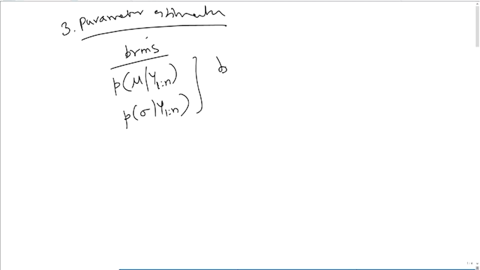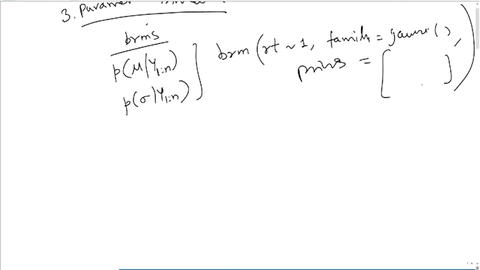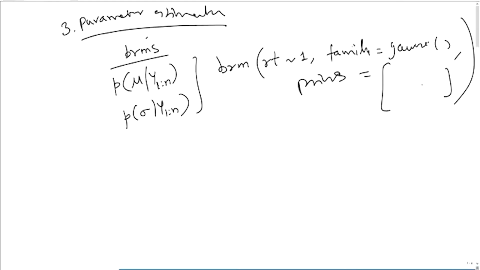You can do it using, let's say, BRM function where you give your reaction time outcome variable given 1, family Gaussian because that was your likelihood, right? And you can define your priors, right? This is how you can estimate these model parameters. Okay, once you have estimated parameters, basically half of the work is done.